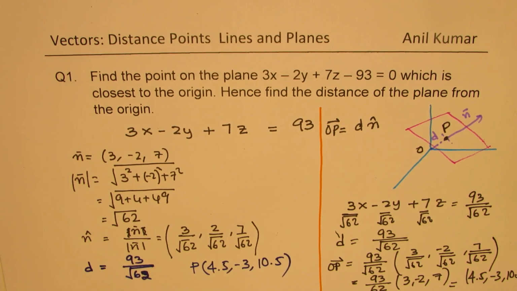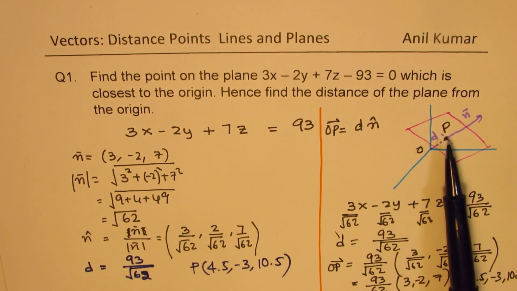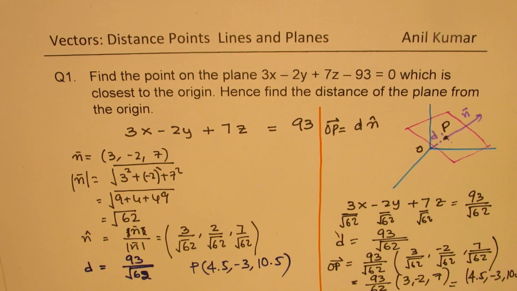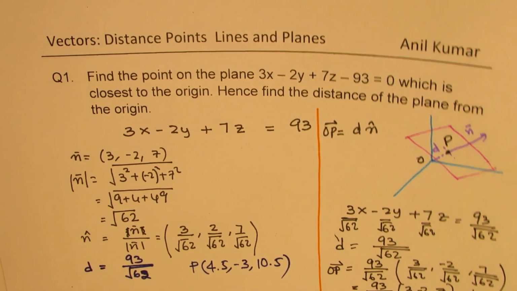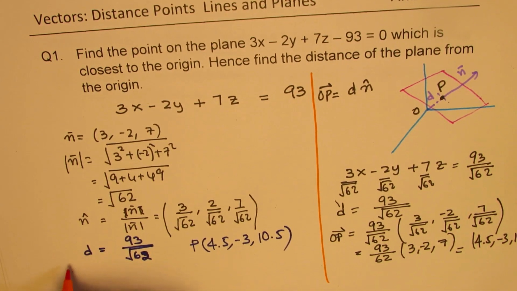So we did it with the basic concept, but you could also do another thing, that is to say, you know the normal, so you can find the equation of the line and then the point of intersection. So definitely there are many different ways. Let me push this page a bit forward so that I can write down the alternate method.